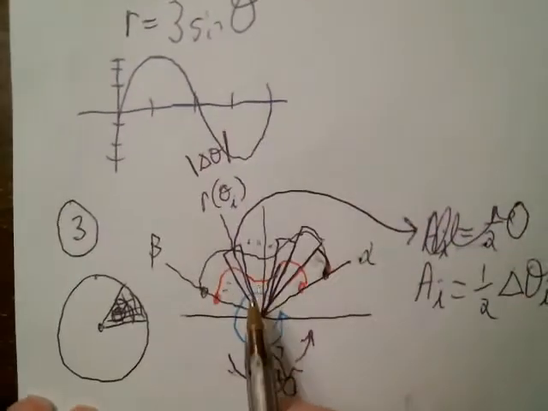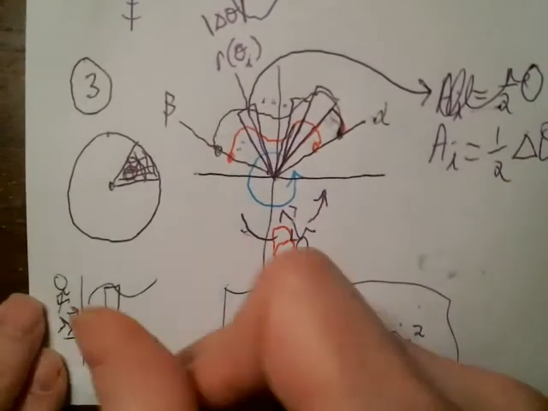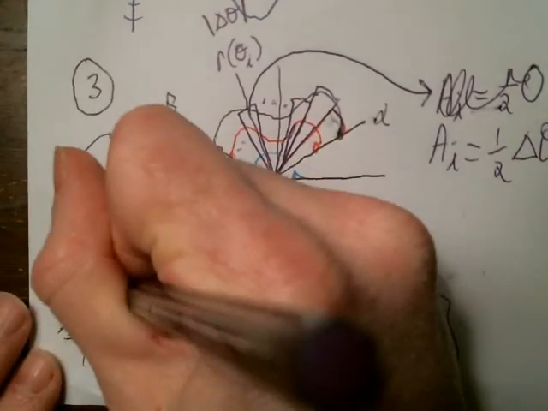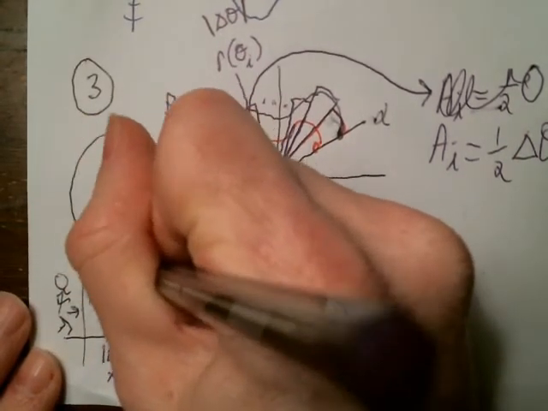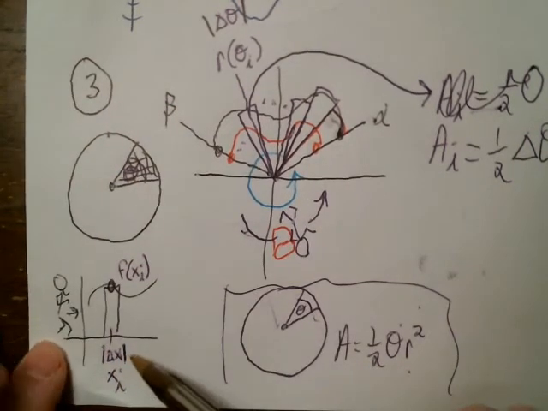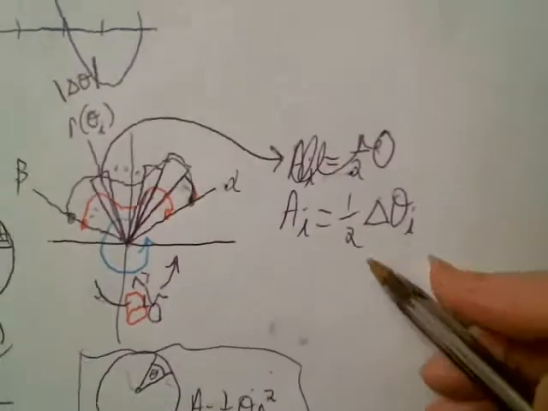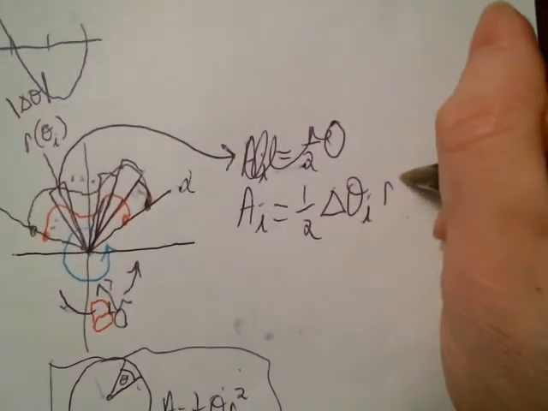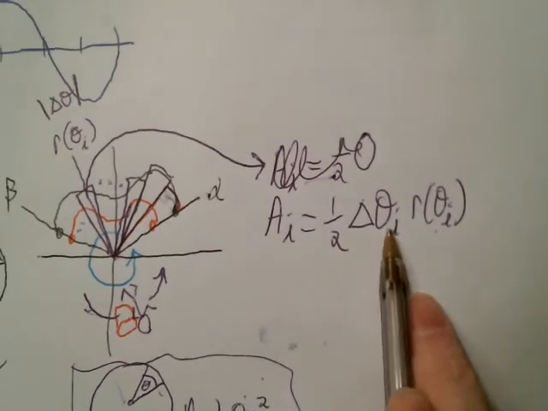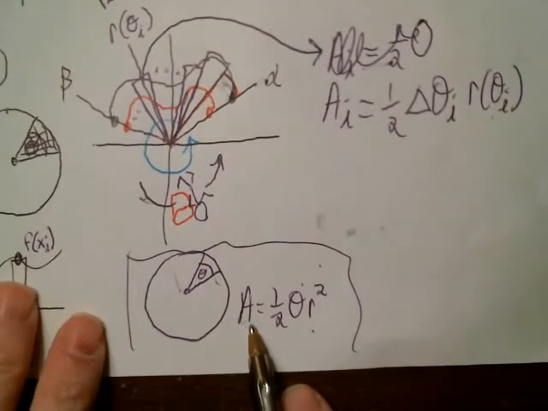So we would have to take a particular theta sub i. So like in this problem, we were looking at x sub i's, and then its height for our area formula would come from f of x sub i times change in x, right? Now our formula is coming from r of theta sub i times change in theta sub i times 1/2. But it's geometry, really.